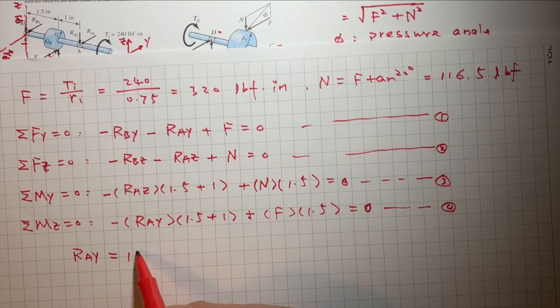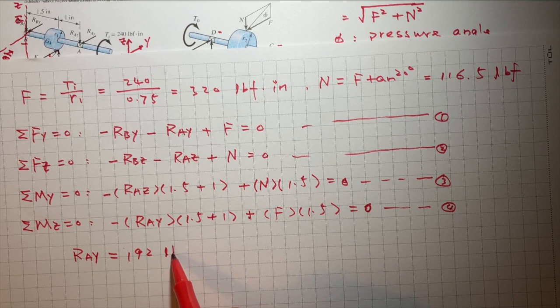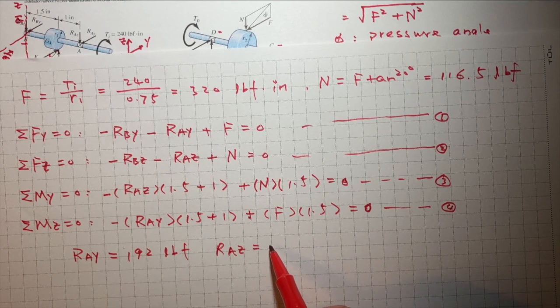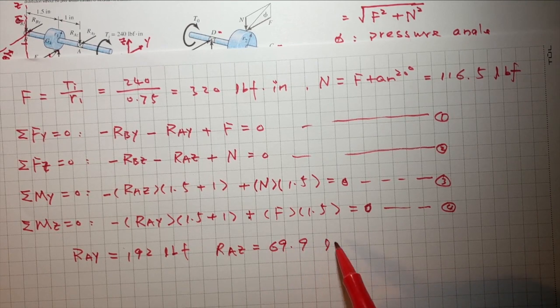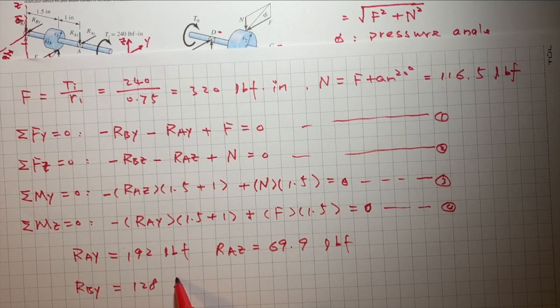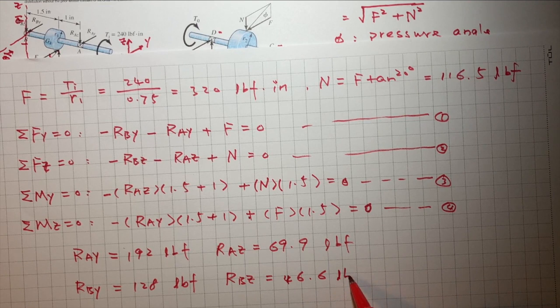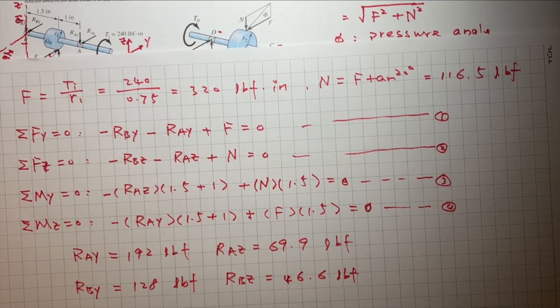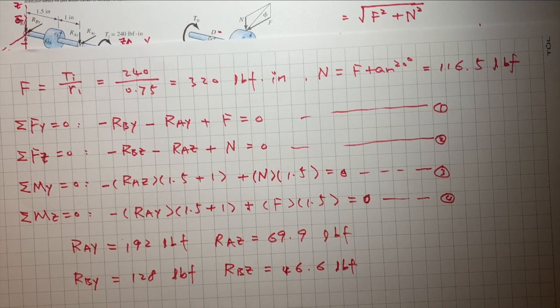RAY equals 192 pounds force, RAZ equals 69.9 pounds force, RBY equals 128 pounds force, and RBZ equals 46.6 pounds force. So that is the input shaft.